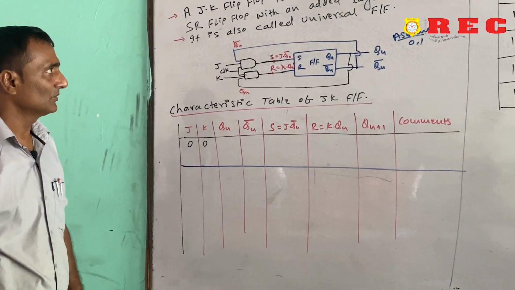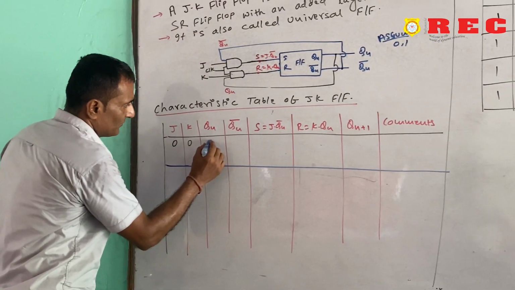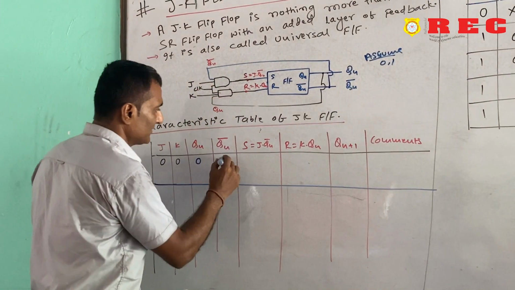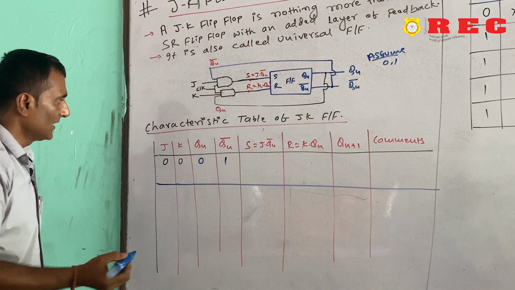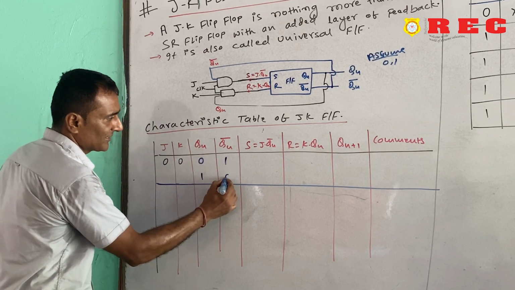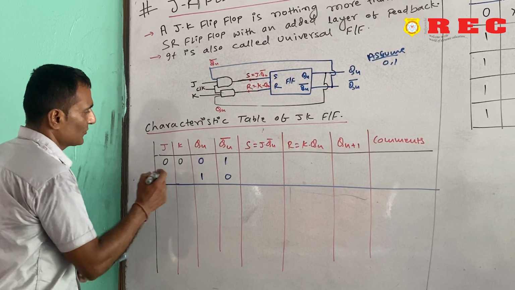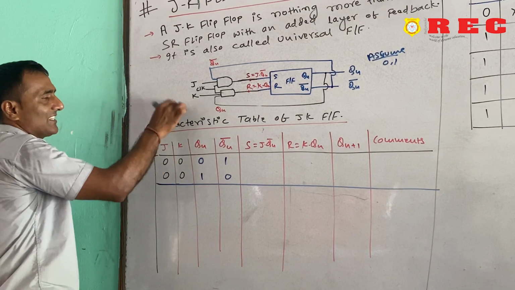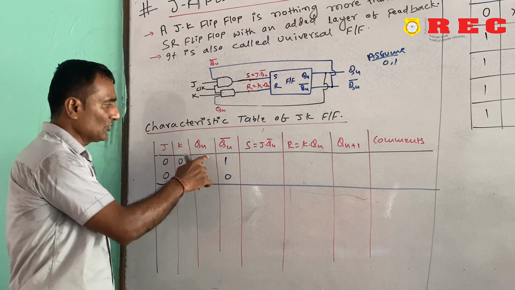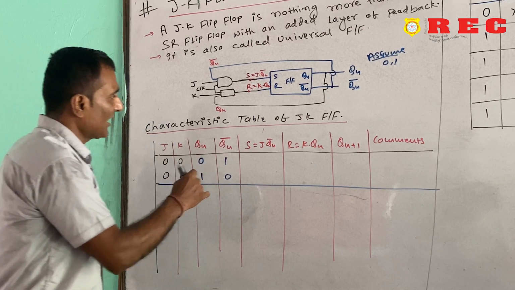Suppose first Q is 0, then Q complement is 1, no problem. And if Qn is 1, then Qn complement is 0, and at that time J is equal to 0 and K is equal to 0. So when J is 0 and K is 0, there are two options, Qn may be 0 or 1. We will see what the output is for both lines.